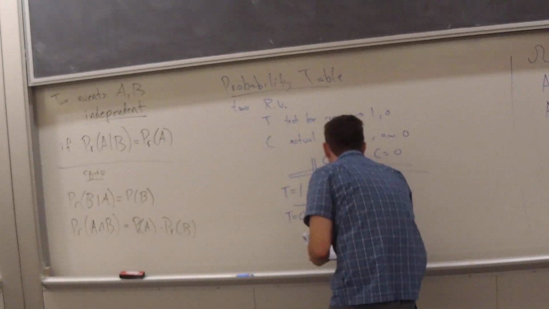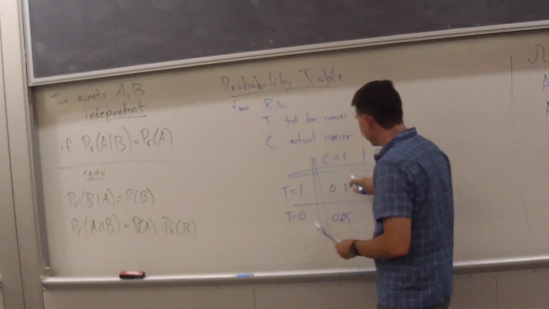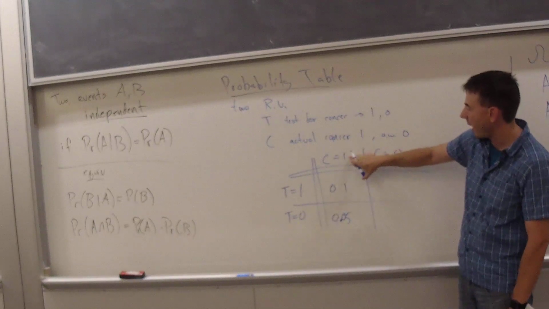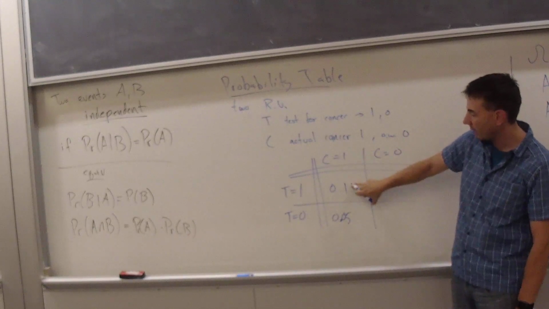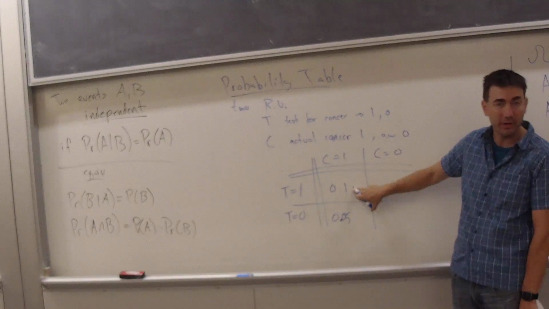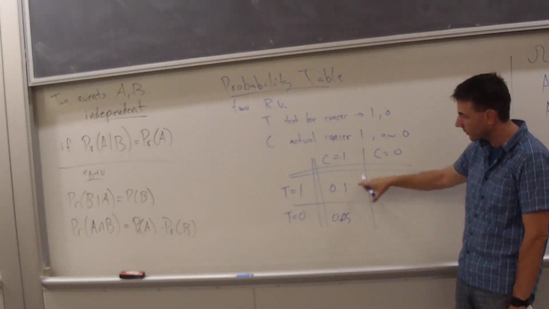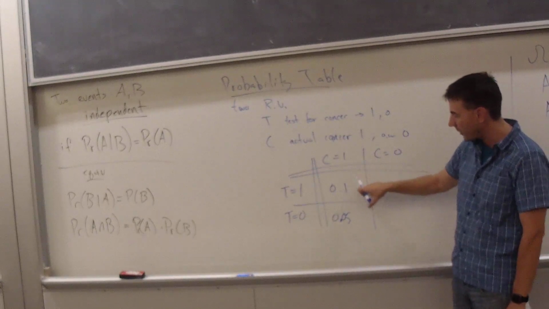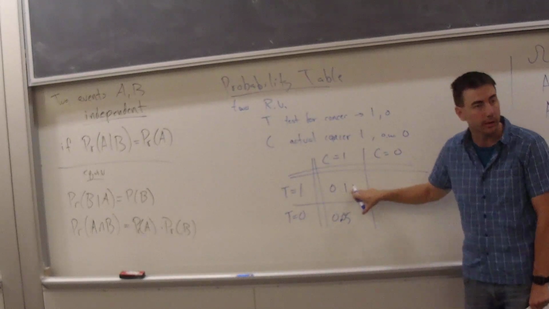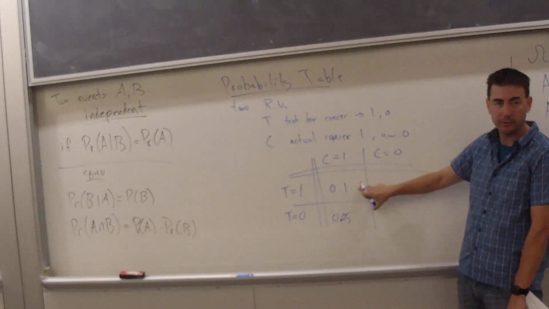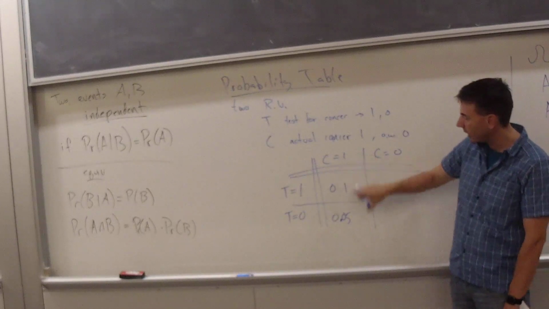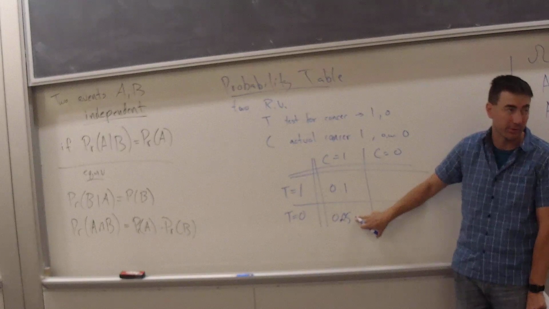So this is saying the probability that I have cancer and the test is positive is 0.1. That's 10% of the time. Of the people who are given the test, the probability they have cancer and the test is positive is 10%, but I might have cancer and the test is negative, another 5%.